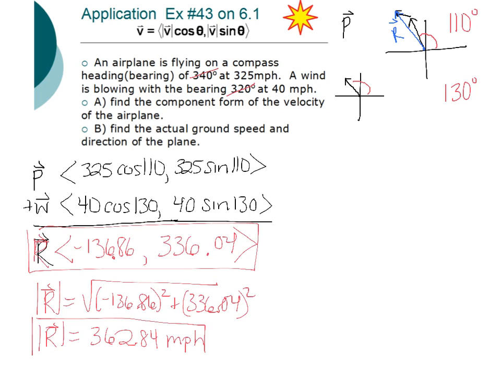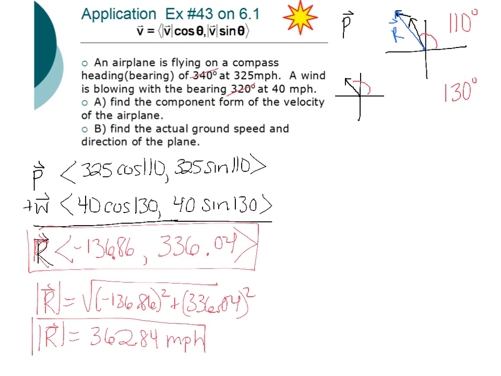The direction of the airplane goes back to what we did on that previous example where we were looking for theta. Now, I can either use this value or I can use this value. It depends on if I want to use inverse cosine or inverse sine. Since I'm in the second quadrant, I should be doing inverse cosine.